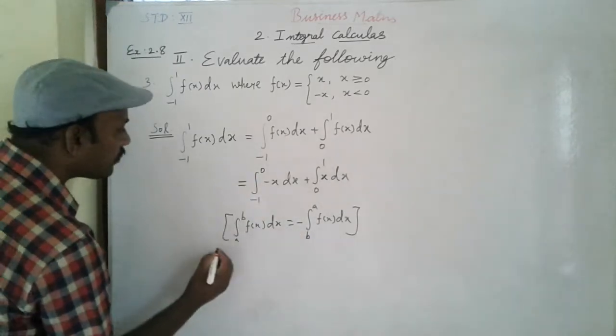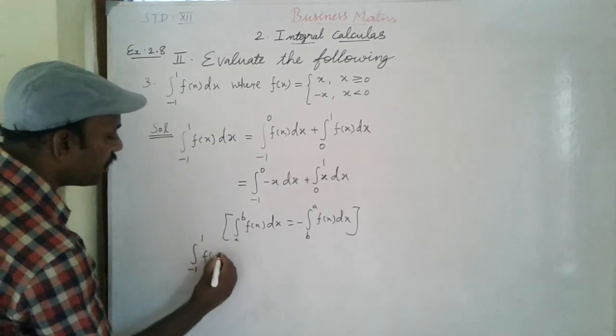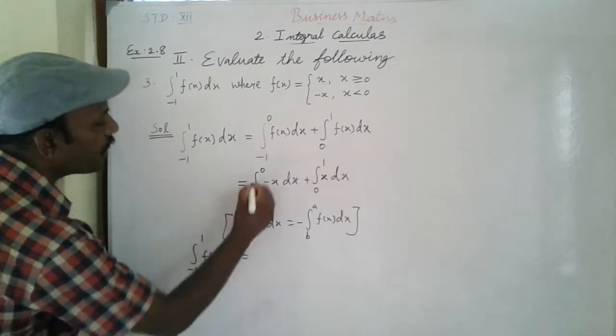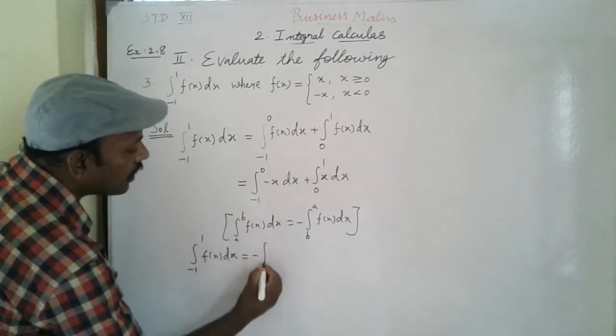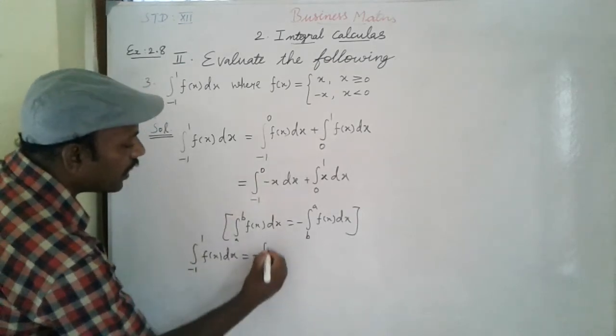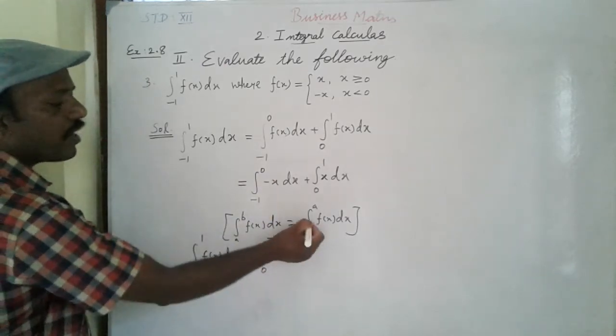So what is here? The integral from minus 1 to 1 of f of x dx equals, after interchanging the limits, minus of the integral from 0 to minus 1, and the symbol is minus.